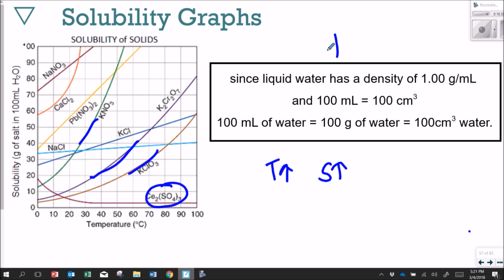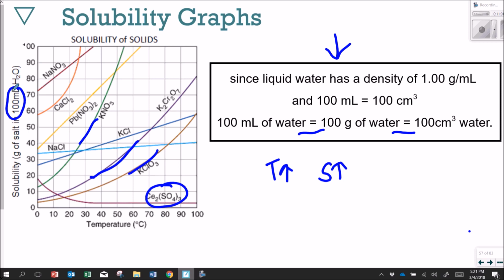This over here is quite useful. Since liquid water has a density of 1 gram per milliliter, and we also know that 100 milliliters is equivalent to 100 cubic centimeters, then 100 milliliters of water is equivalent to 100 grams of water, which is equivalent to 100 cubic centimeters of water. So this here could represent 100 grams, 100 cubic centimeters, or 100 milliliters.